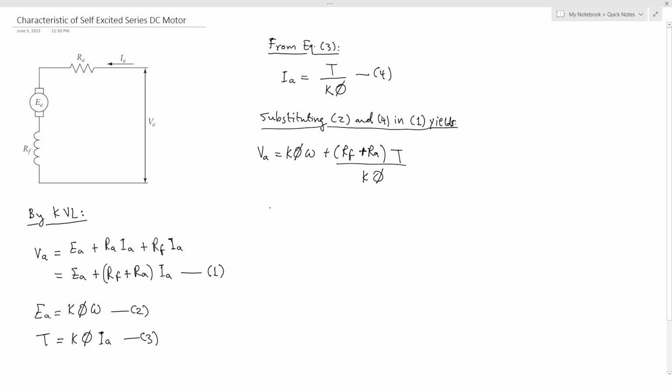So we can say that omega will equal VA over K phi minus (RF plus RA) both multiplied by T divided by K phi squared. So this is the equation here.